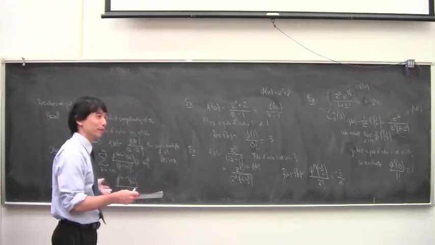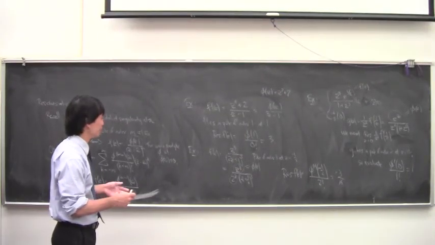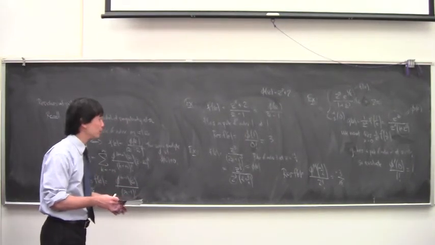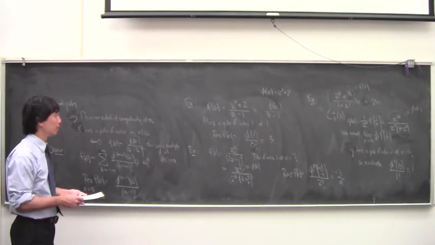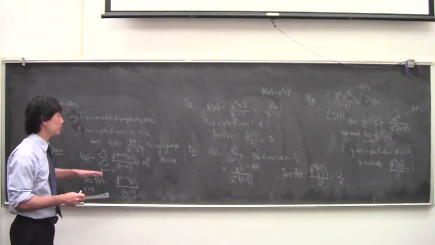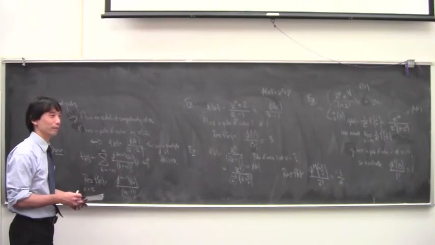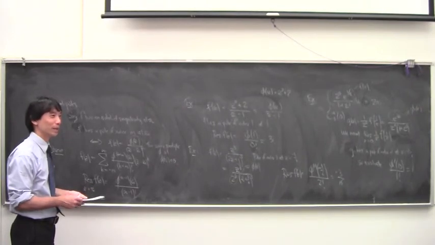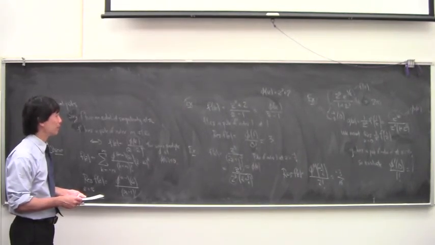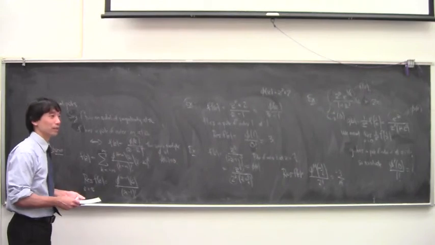This is not the high point of complex analysis. This is sort of like a consequence. It's cool. It's useful. I think this is part of the bag of tricks of people who need to integrate things. But it's certainly not the high point.